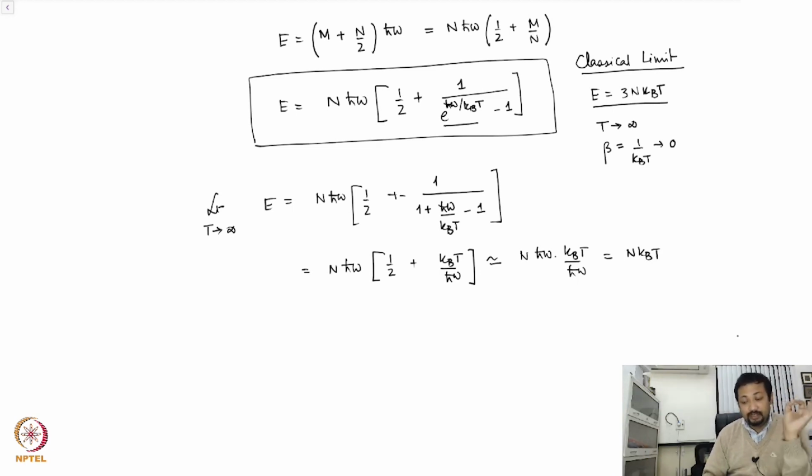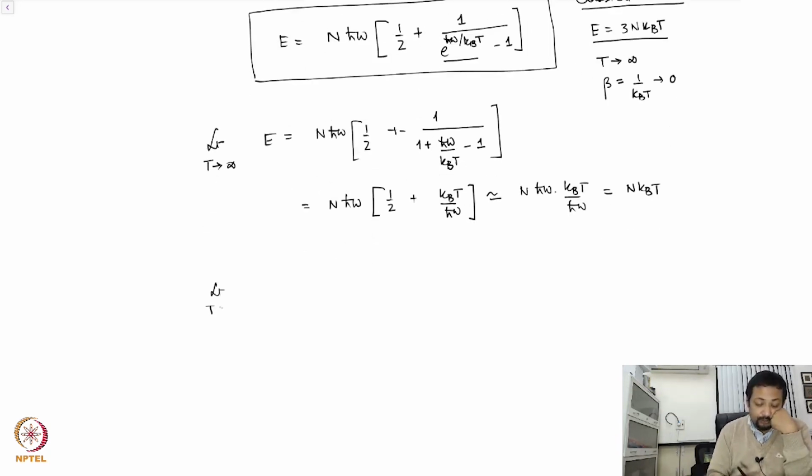We said in the very beginning that 3 dimensions can be treated independent of each other. So if you just do it for 1 dimension, you can just add in the results. So for 3 dimensions, you are going to have 2 more factors of nkBT coming in, and you will have this.